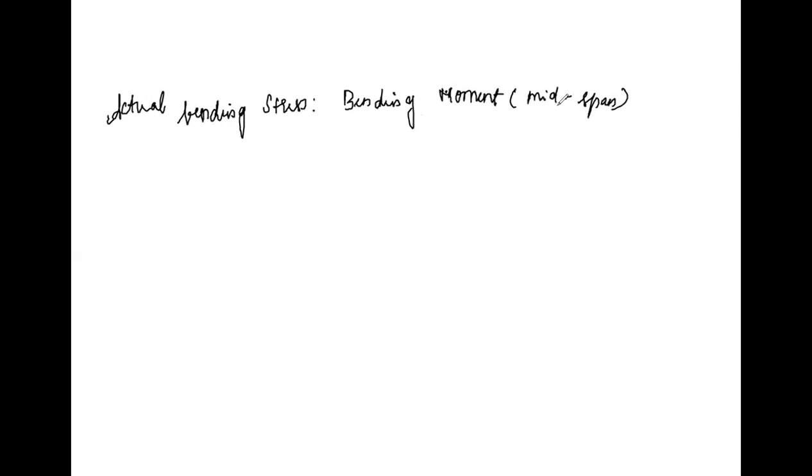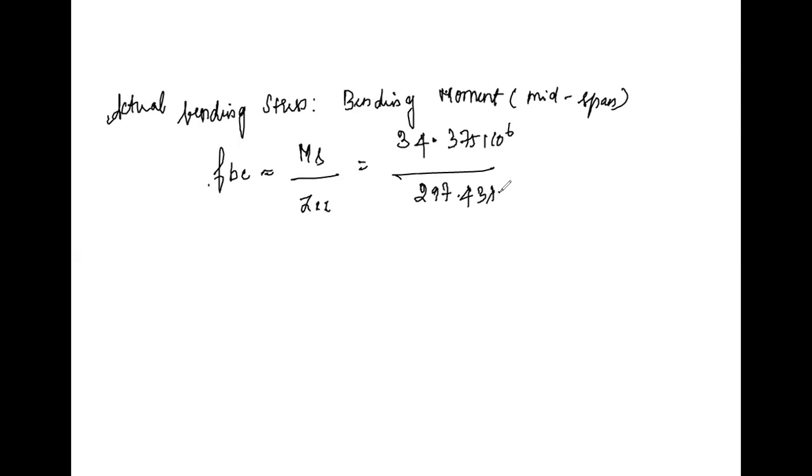So we have to calculate the maximum bending stress, which is FBC equal to MS divided by ZTZ. We know the value of bending moment, which is 34.375 into 10 to the power of 6 divided by 297.43 into 10 to the power of 3, which is equal to 115.57 MPa.